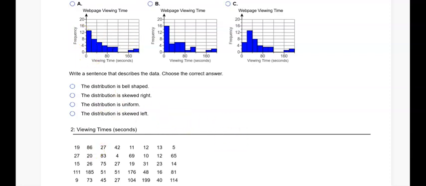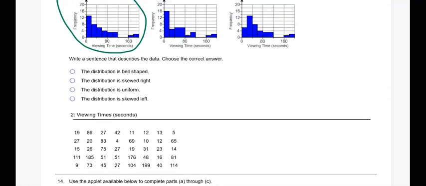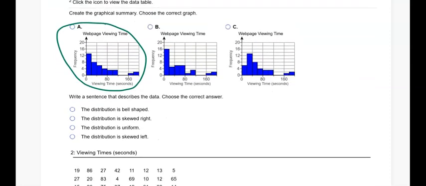So in this question, if you match carefully, this is the correct graph for these 40 data values. Again, you have to look at the frequency of each class, count, and see which one matches. So obviously this is the right histogram for the data, and then write a sentence that describes the data.